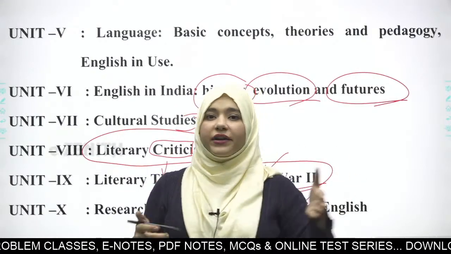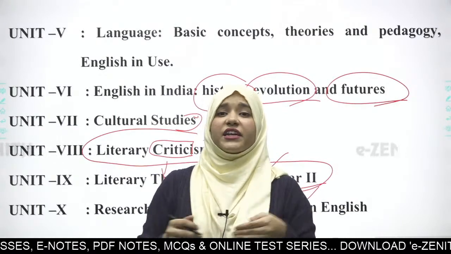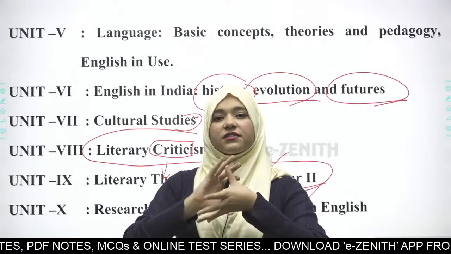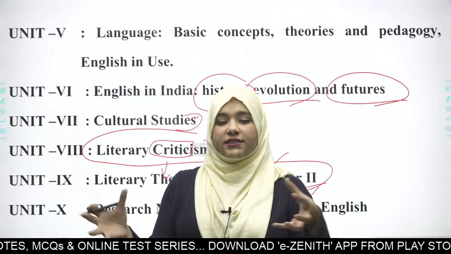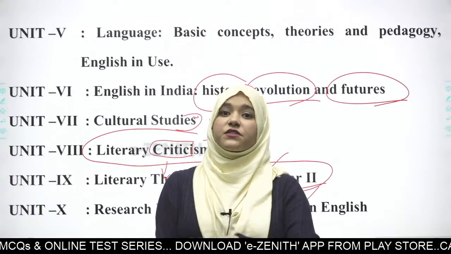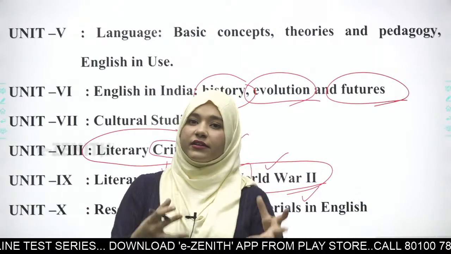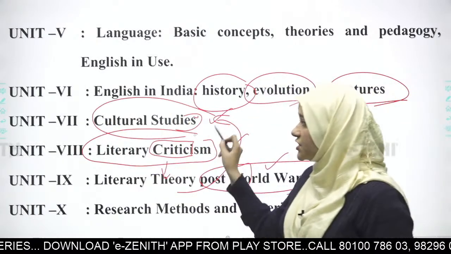Globally, boundaries were blurring between different countries. In the same way, boundaries started blurring between different disciplines also. The study of psychology could be merged with the study of sociology, which could be merged with the study of economics, and through a synthesis of all different subjects, we try to understand the world. So this is what happens when we study literary theory and literary criticism. Now let's focus upon cultural studies.